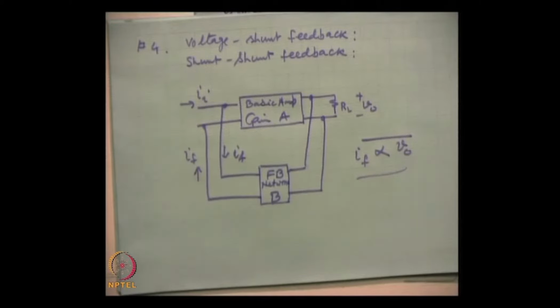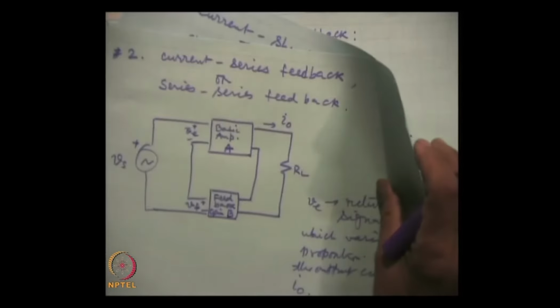I will summarize these 4 circuits. The 4 types are very important, because they modify the impedance levels at the input and output differently.